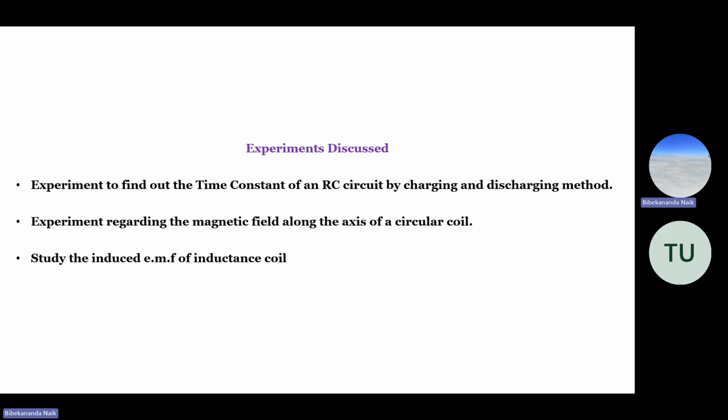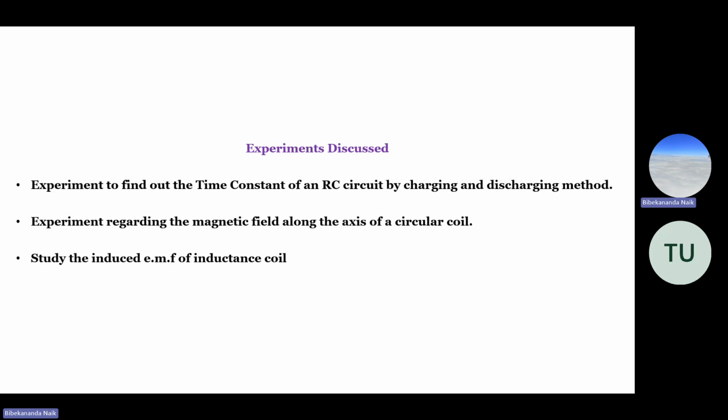So in today's session, we'll discuss the time constant of an RC circuit and how the method of charging and discharging is used to measure the time constant, and what we mean by time constant. Then there will be a discussion regarding the magnetic field along the axis of a circular coil.